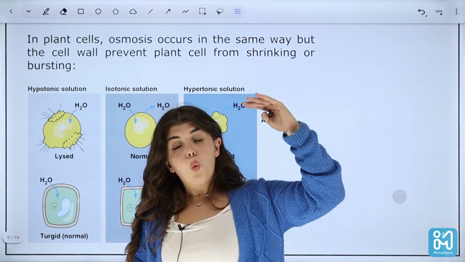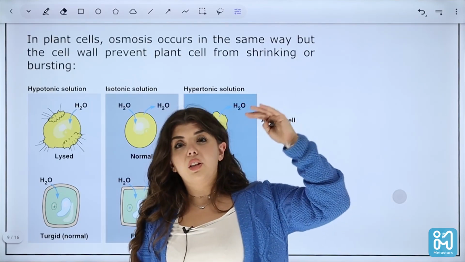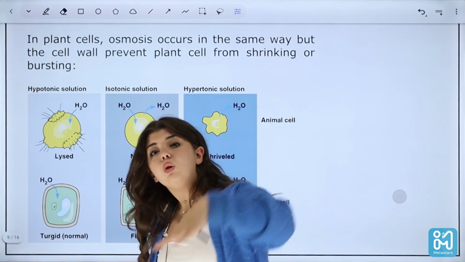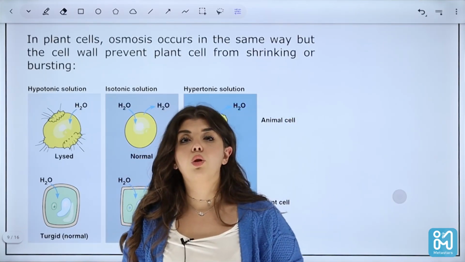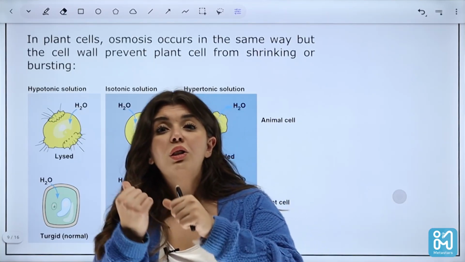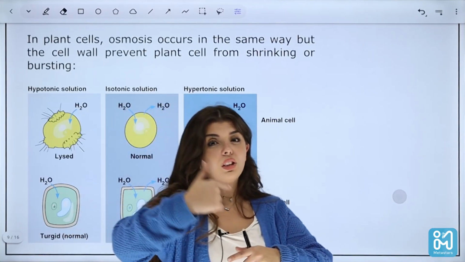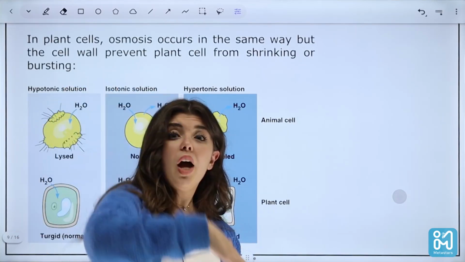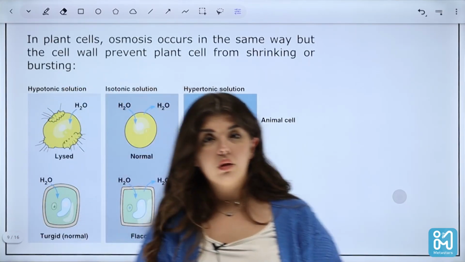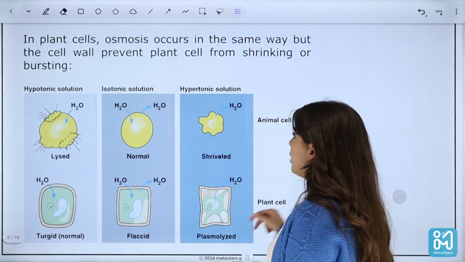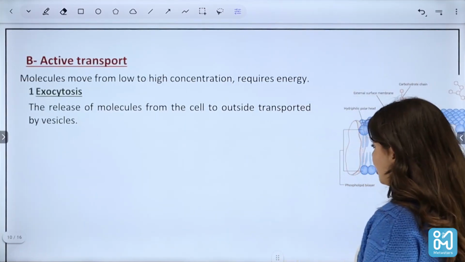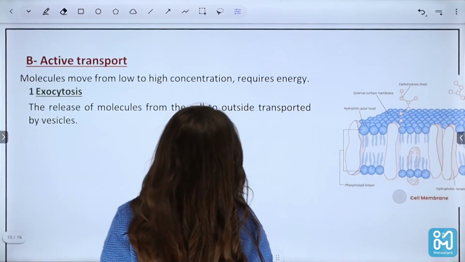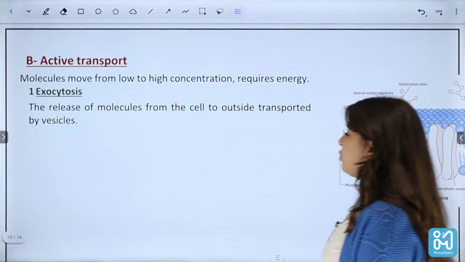So it goes from high concentration of water to high concentration of salt, to equalize.